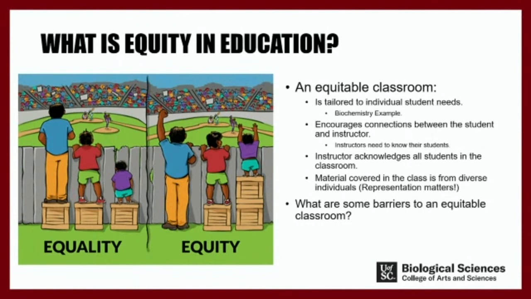So this little individual here, it looks like maybe a family setting, is able to see the game now. Everyone's able to see what's going on, versus equality, where there are still some individuals left out. And so again, an equitable classroom is tailored to individual needs.